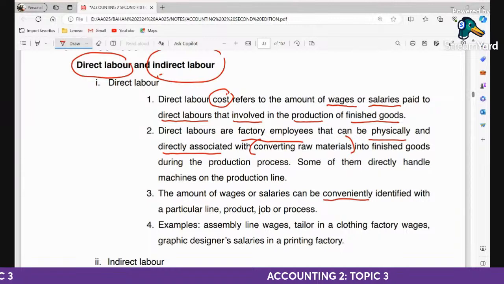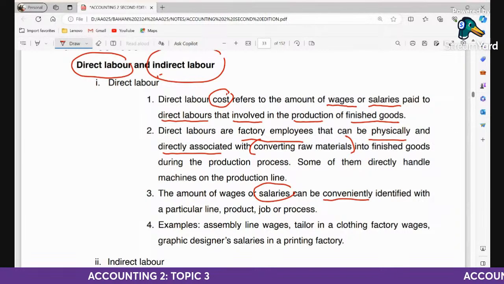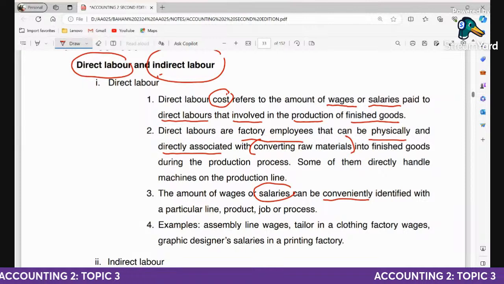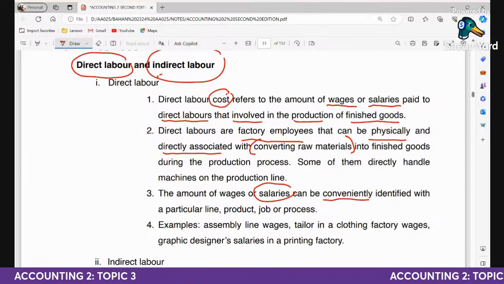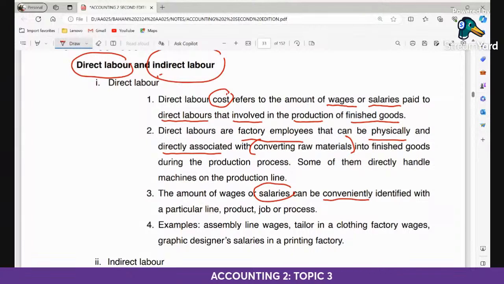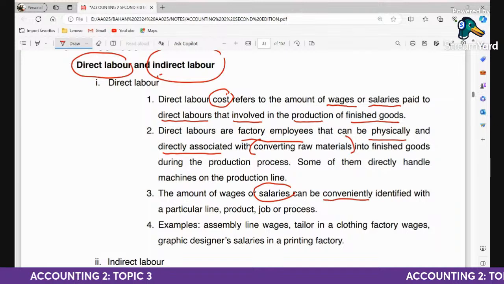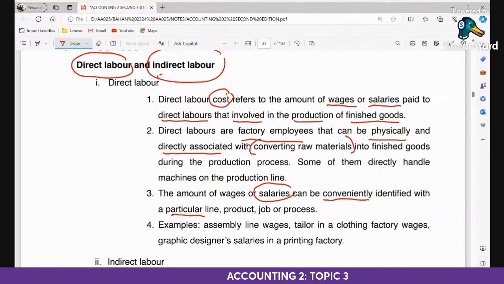Whereas for salaries, that means it's a fixed amount that is to be paid to these labours. So kita memang boleh kenal pasti how much we are actually paying in a form of wages ataupun salaries to these particular labours. So kita boleh identify dengan particular line, ataupun produk, ataupun job, ataupun processes.